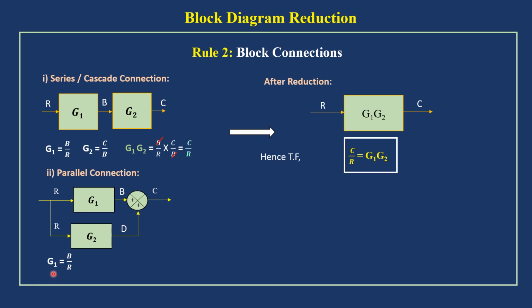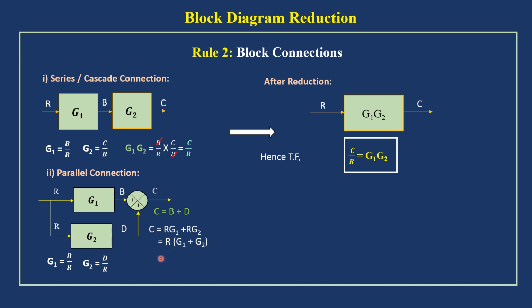So here I have found G1 as B by R and gain 2 as D by R. So C equal to B plus D. Now substituting for B and D, from this we can find B as RG1 and D as RG2. So substituting for that, C equals RG1 plus RG2, taking R as common, R into G1 plus G2.